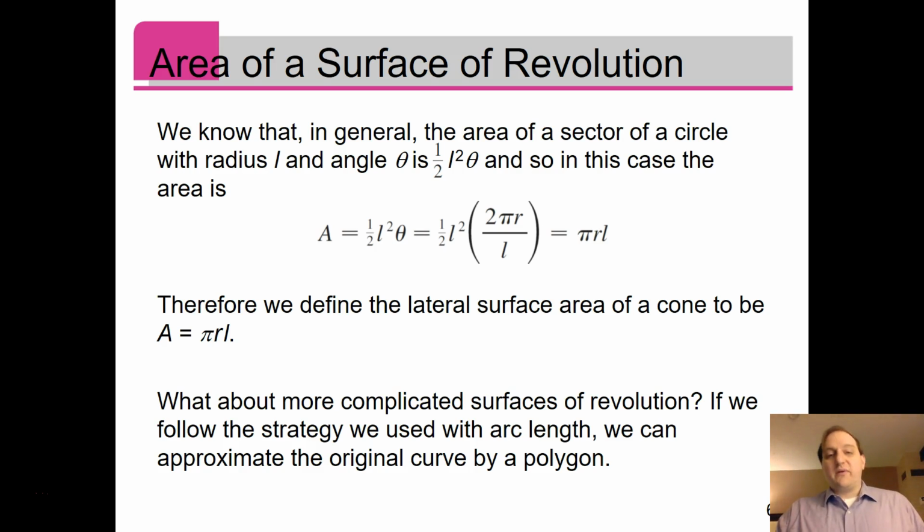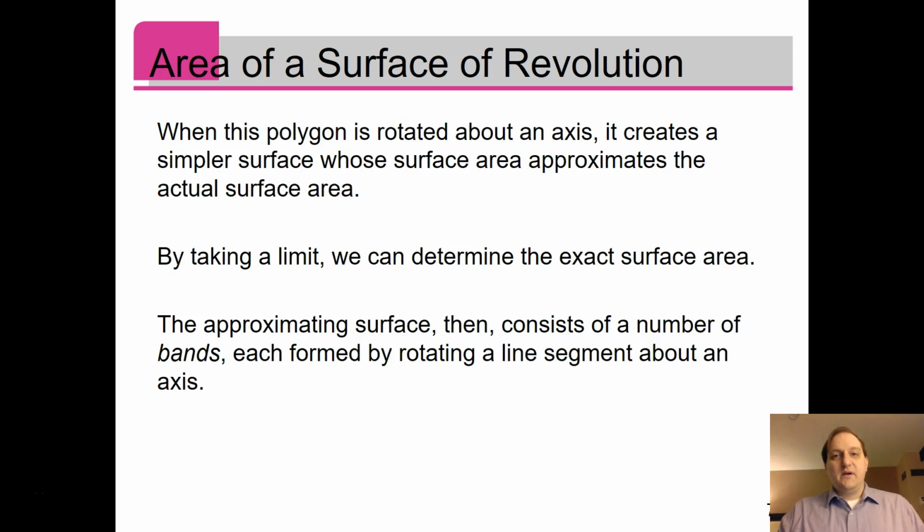So we're going to use that to approximate the curve. And then when we rotate it, we get a bunch of little linear things that created a nice little surface. And so the question really is, how do we determine the surface area of each of those little surfaces?